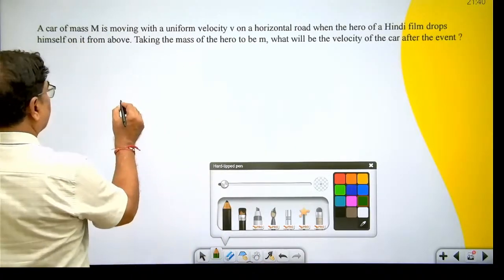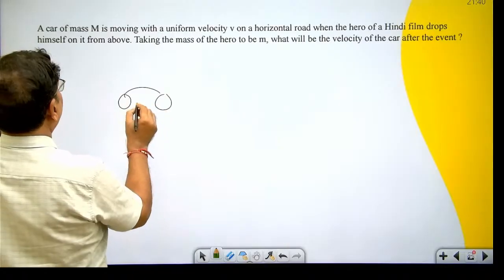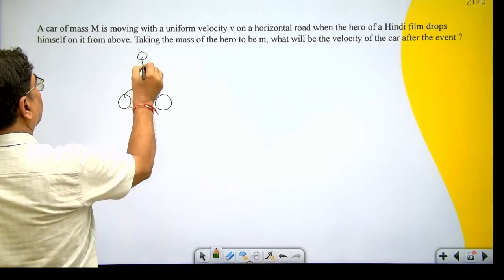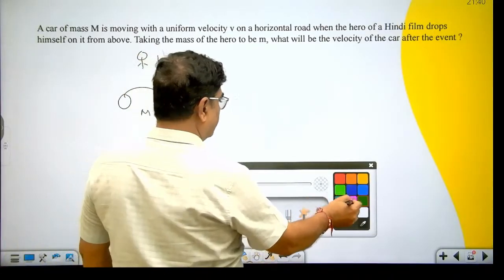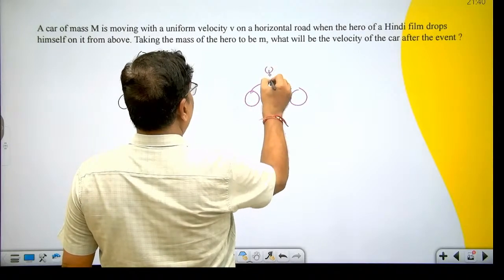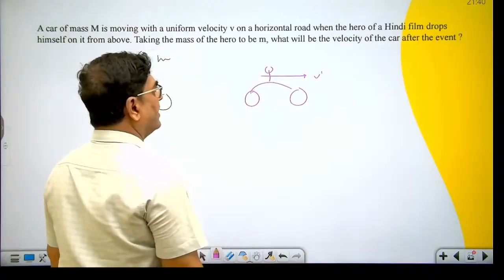This is the position of the car, and this is the position of the hero. When the hero comes above the car, let us assume v dash is the velocity of the car after the event.